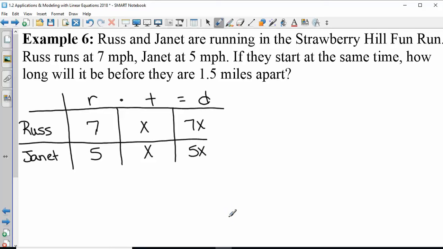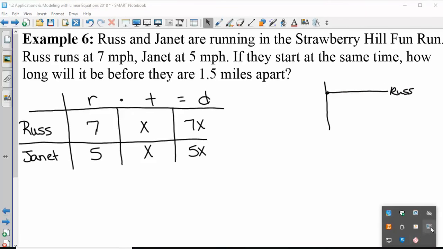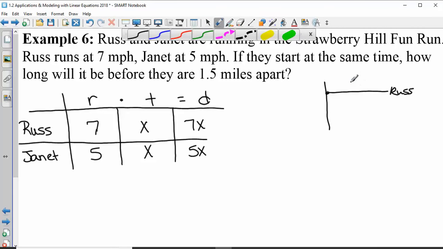The equation on these you have to think a little more about. We have to be able to think of the scenario. If they are running a race, they're starting from the same point. So we know that Russ runs a distance of 7x.